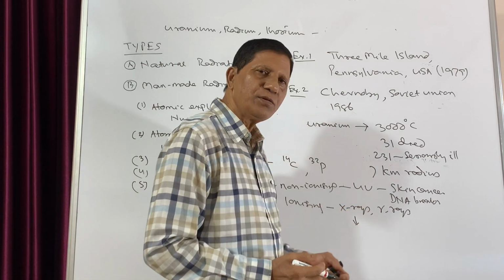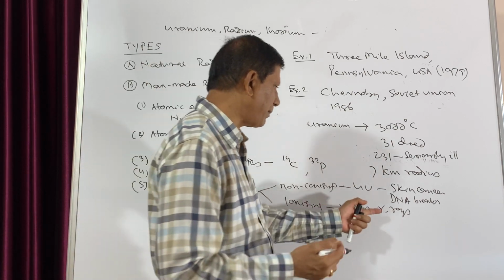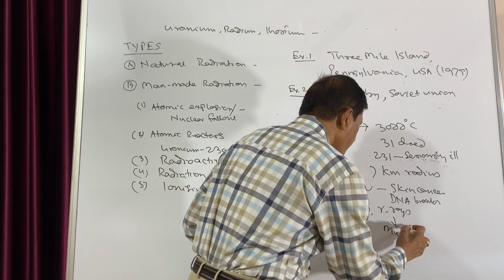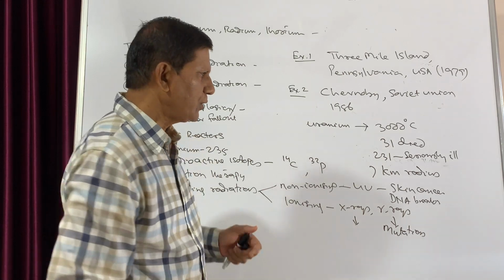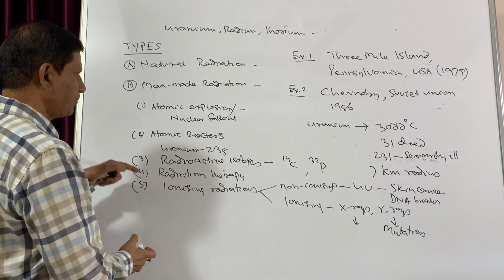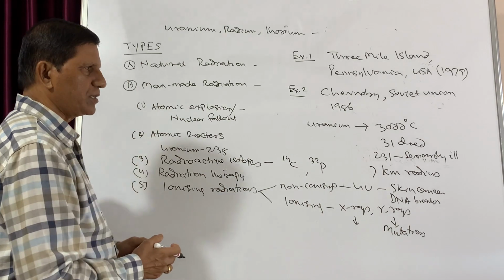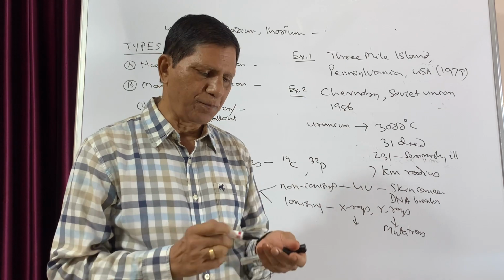And the gamma rays, most of the research fellows and scientists use gamma rays for inducing mutation in plants, and thereby they are also subjected to it. So these are the different types of radioactive waste and the harm caused by them.